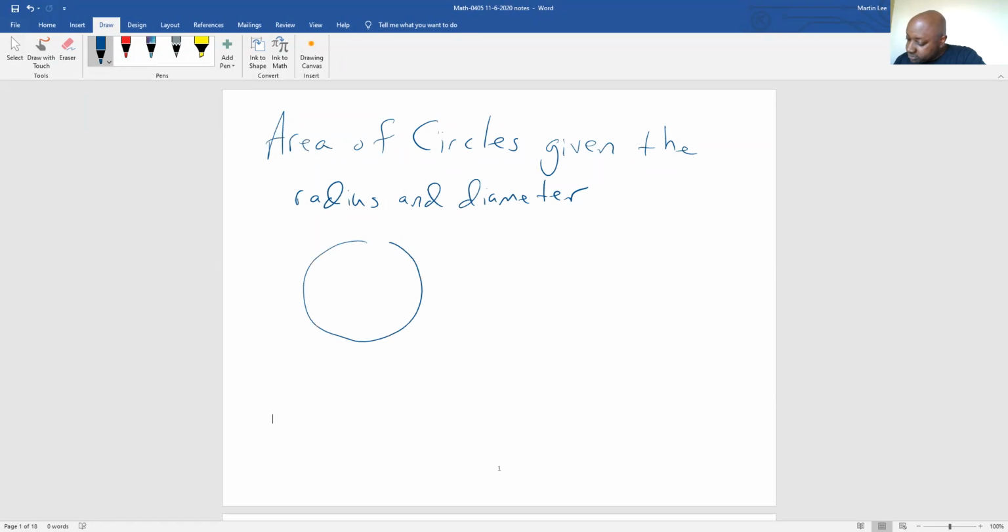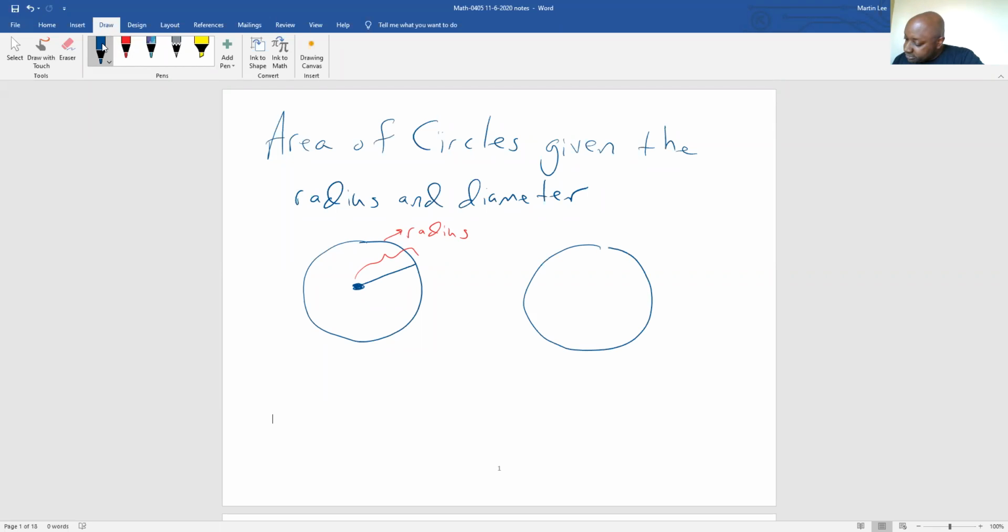So if I'm given a circle, my radius is from the center of the circle to any point on the circle. So that distance is the radius.